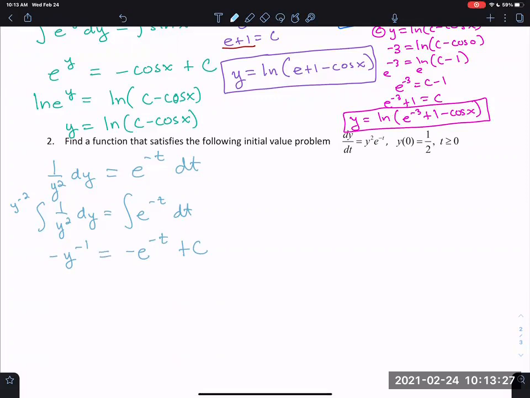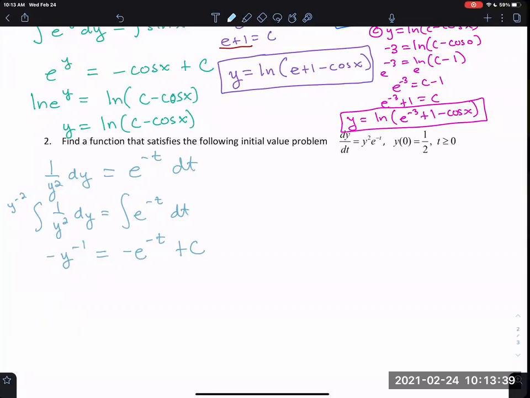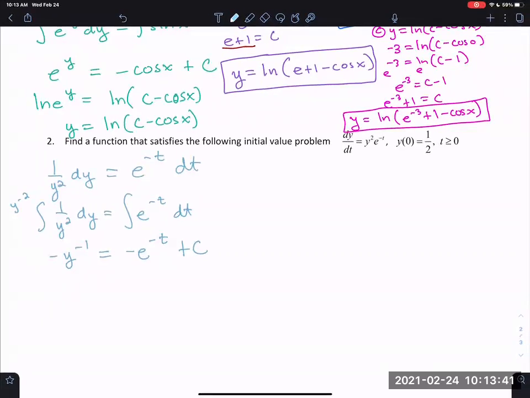So it's up to you if you want to rewrite it as negative 1 over y, if that's easier, or if you just think about it, if I want to make this y equals, if I were to take both sides to the negative 1, I would do, before that, would I multiply through? Maybe I'll do this first as opposed to that. Sorry, I'm just changing the order of what I'm thinking through.